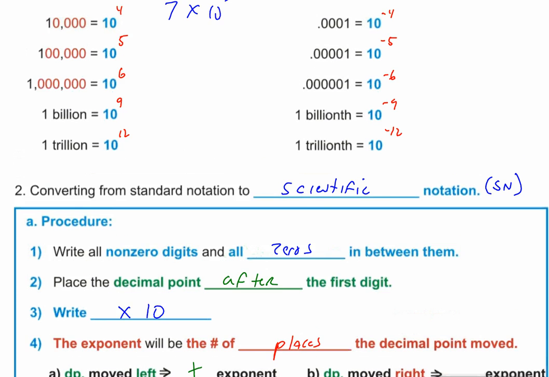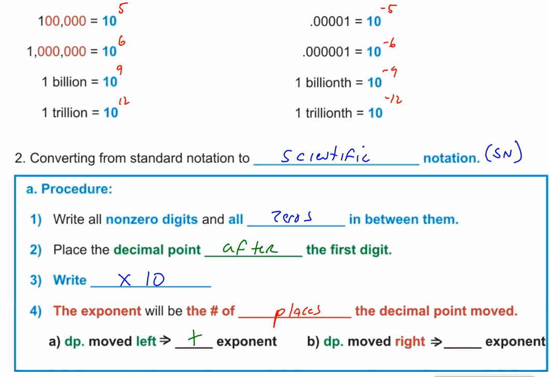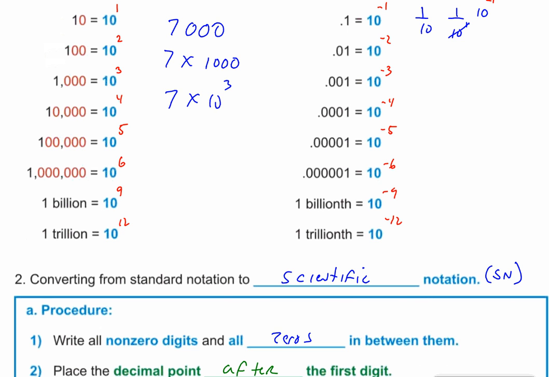So let me go back to my example here of 7,000. There's no decimal point shown right now, is there? But wouldn't it have been right there at the end of the number? And in the final answer, it's not shown either, but isn't it right there? We took it from here and we moved it there.